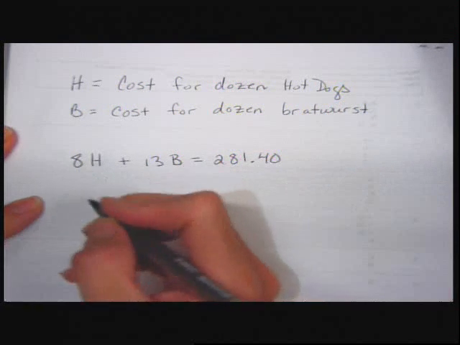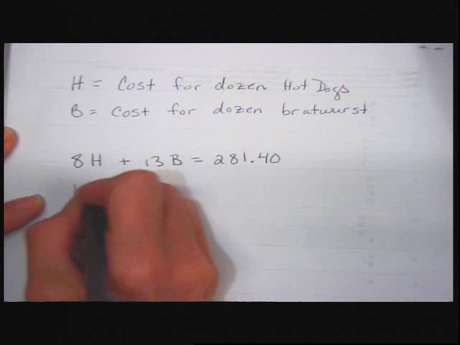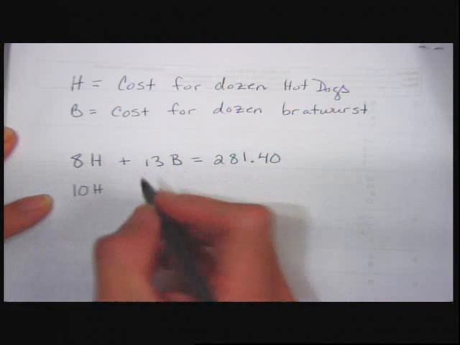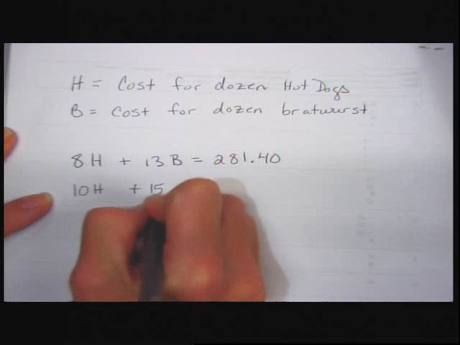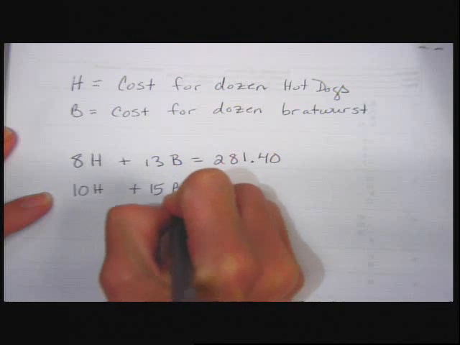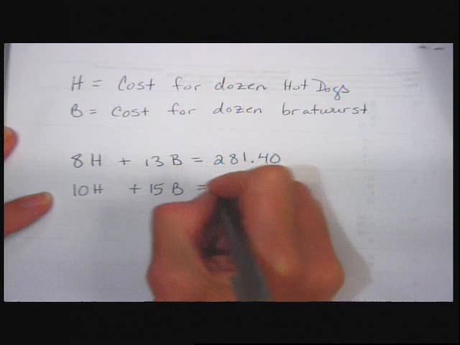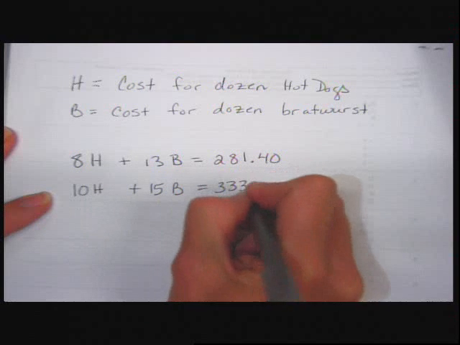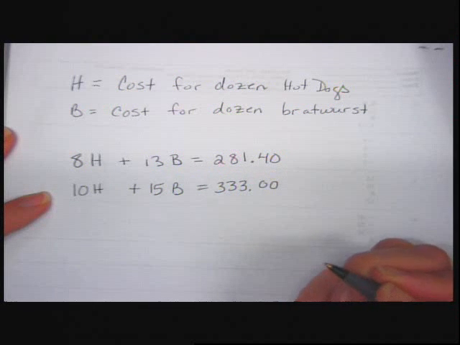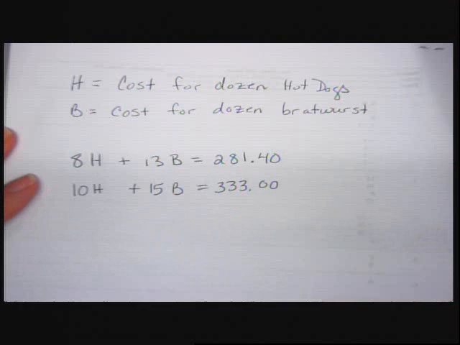And then the second day they sold 10 dozen hot dogs, so 10 times the cost for a dozen hot dogs, plus 15 dozen bratwursts, so 15 times the cost for a dozen bratwursts, gives you $333.